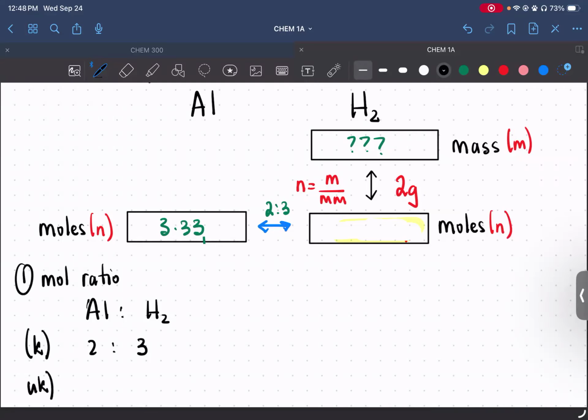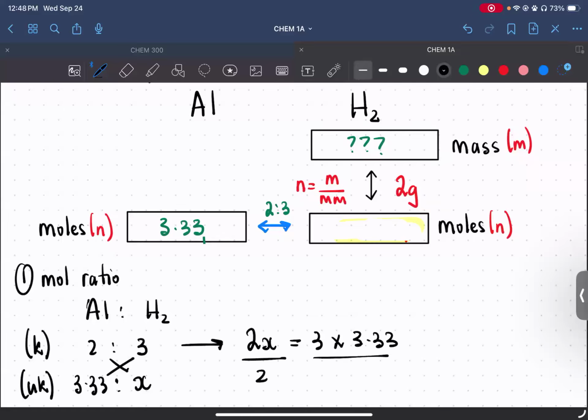What we don't know is if we have 3.3 moles of aluminum, how many moles of hydrogen will be formed? We've set it up correctly, so all we need to do now is cross multiply. That leads us to 2x is equal to 3 times 3.33. To get x alone, we divide by 2.